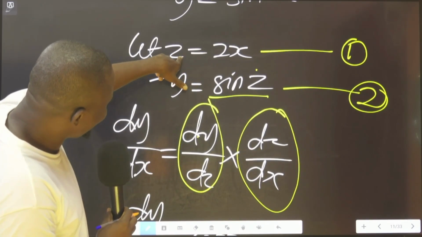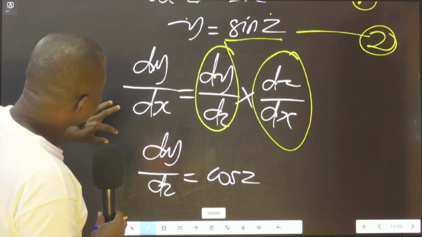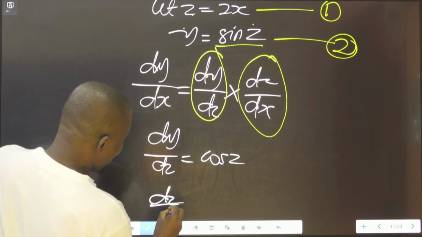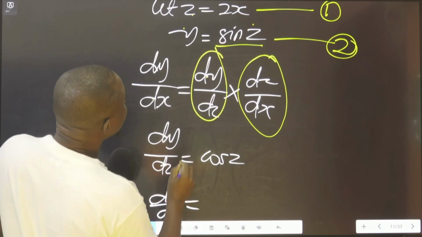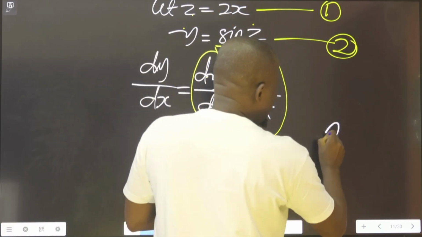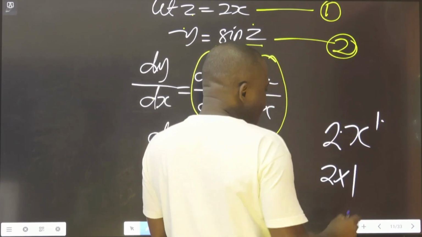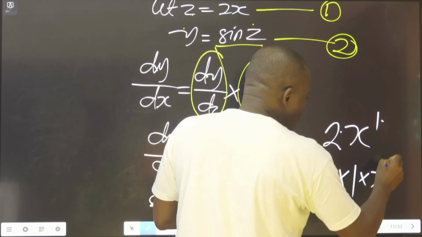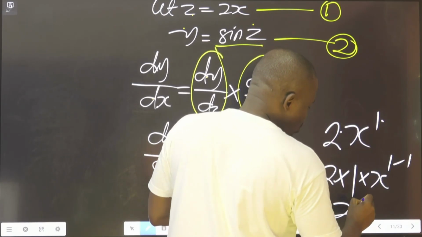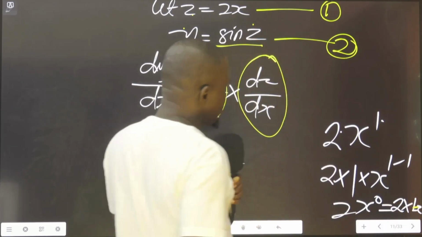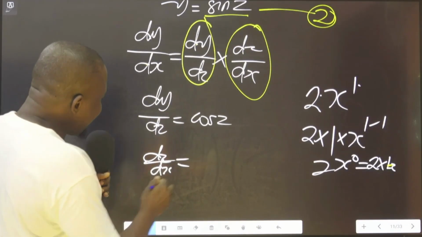That is, z equals 2x, which is raised to power 1. We move this 1 here and reduce the power by 1. That is 2 multiplied by x raised to power 0, which is 2 times 1, equals 2. Okay? So here we have 2.